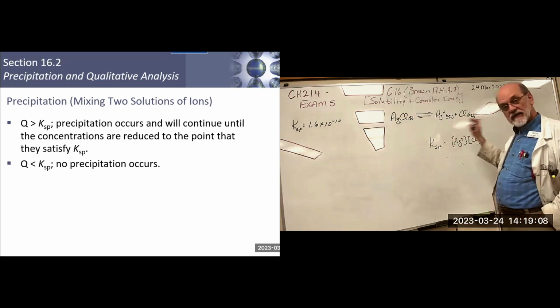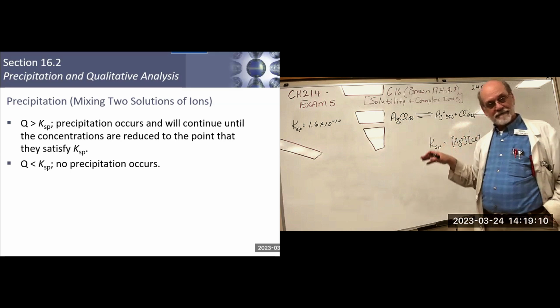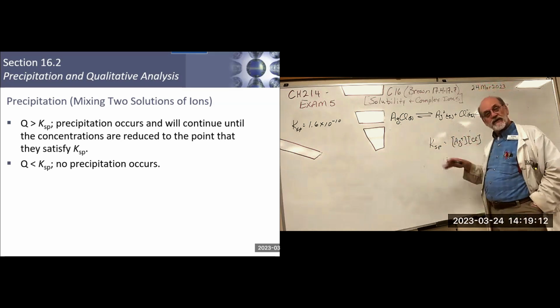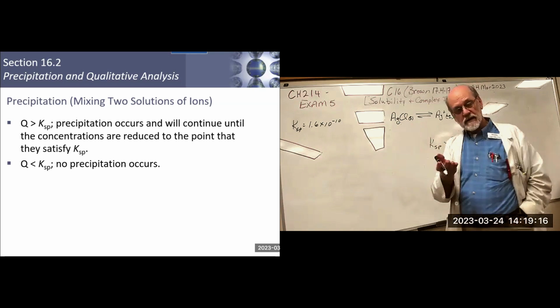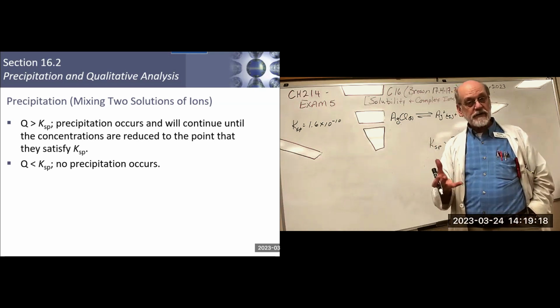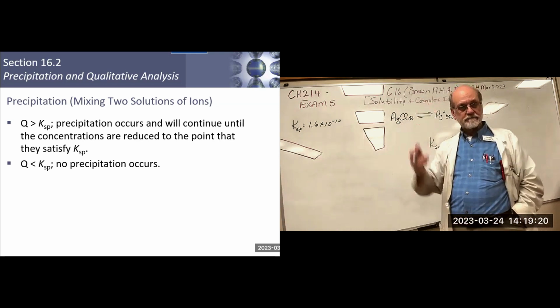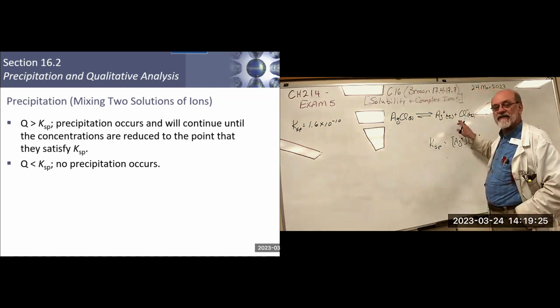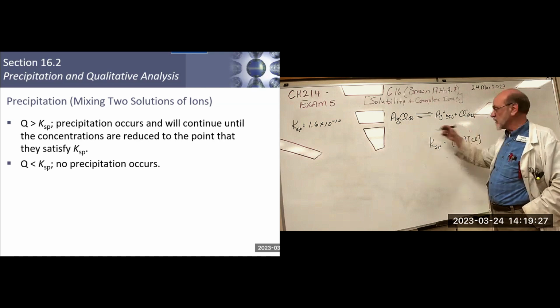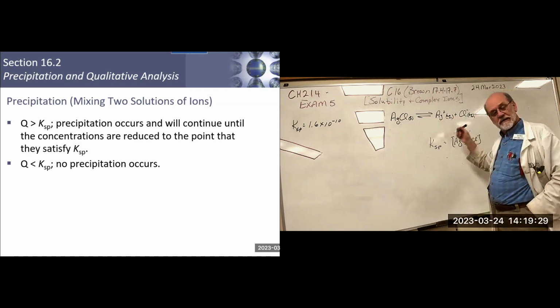Some of it will drop out of solution, right? If that's the case, then what's left is a little bit of solid on the bottom, silver chloride, plus a saturated solution above. And if the Q is less than KSP, that means we don't have enough of these. And the shift will be to the right.